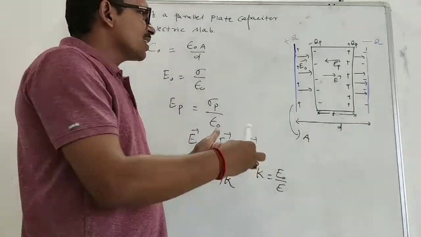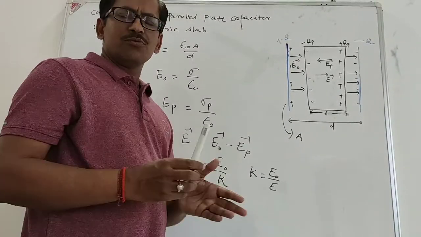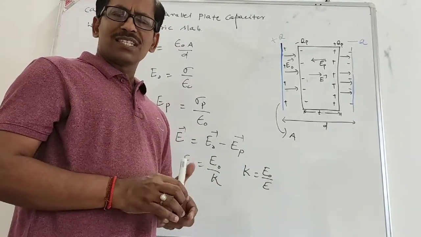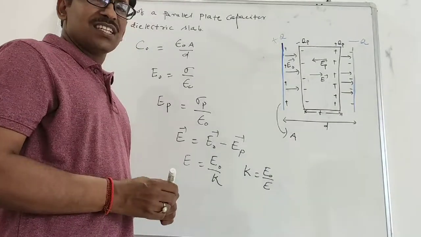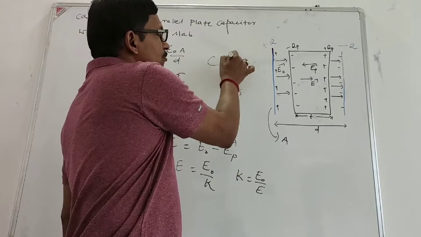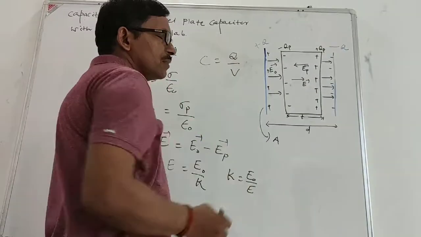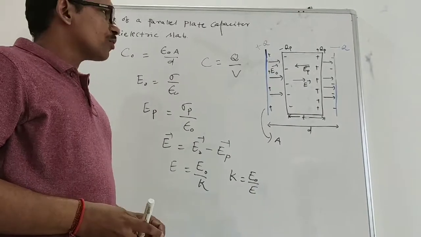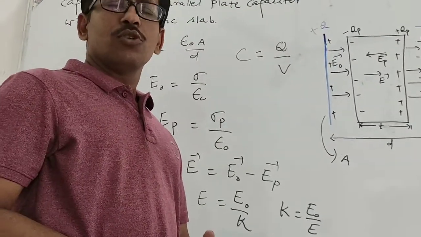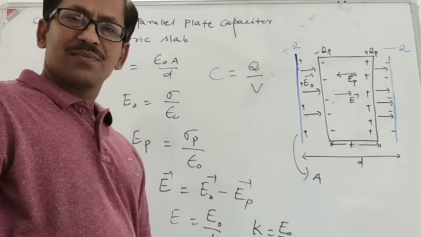So now when the dielectric slab is introduced in between the two plates, an electric field is induced. We want to find the capacitance. You know the formula for capacitance? Suppose the new capacitance is C. C will be equal to Q by V. If charge is Q and potential difference is V, then C is equal to Q by V. We have to find V in between the two plates.